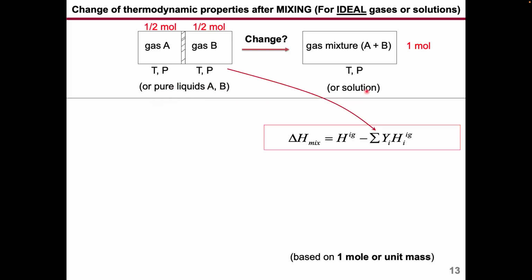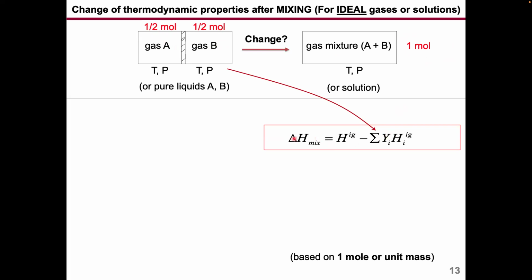All right, so now what we want to calculate is the delta H due to mixing, right? So the change in enthalpy due to mixing. So let's imagine we base on 1 mole of mixture. Let's say you go from 0.5 mole A, 0.5 mole B, you make 1 mole of mixture.